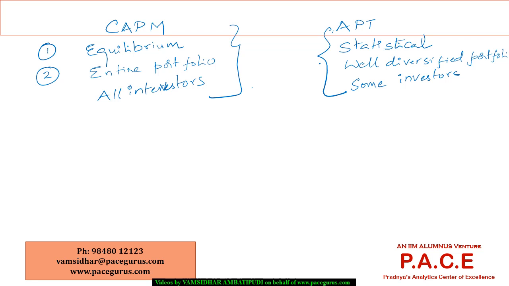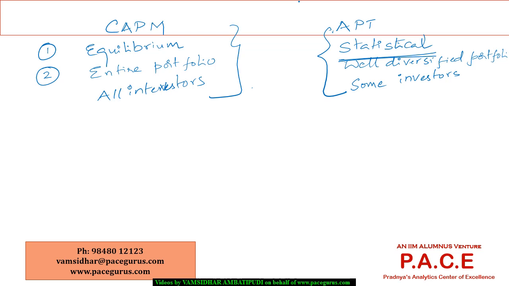But the gray area in APT is how many factors and which factors I have to consider. There is no clear-cut definition of the factors that need to be considered for arriving at the return, so this modeling is left to the analyst in terms of what factors need to be considered.